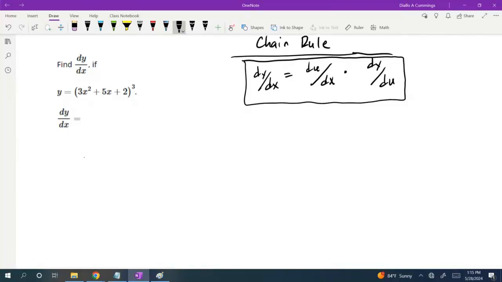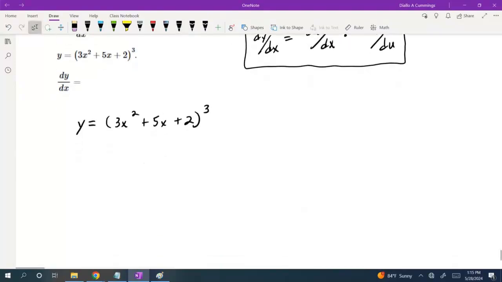So we have y is equal to (3x squared plus 5x plus 2) quantity cubed. So here are the steps. Since we have a composition of functions, our outermost function is a cubic and our innermost function is a quadratic. The first thing we want to do is make a substitution.